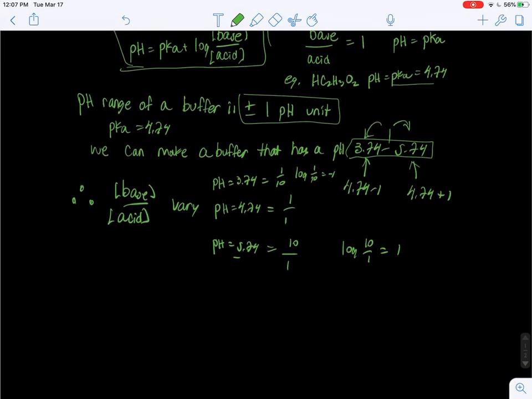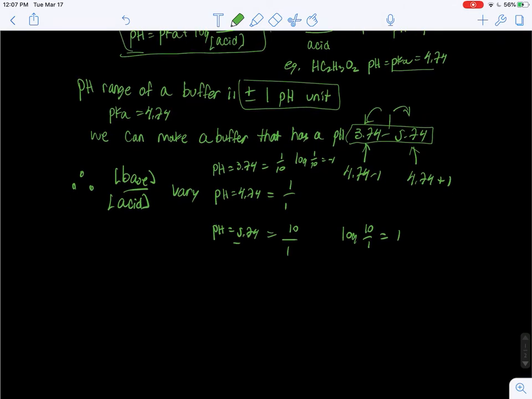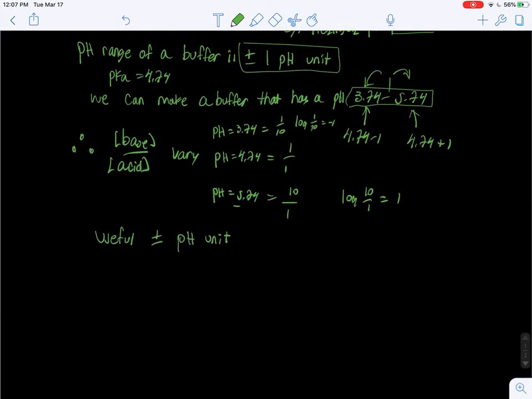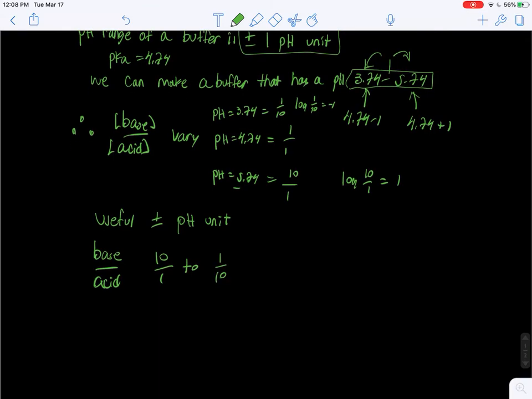So if a buffer is useful with a plus or minus 1 pH unit, this means that your base to acid ratio must vary from 10 to 1 to 1 to 10. Okay, so that's kind of like the maximum, okay?